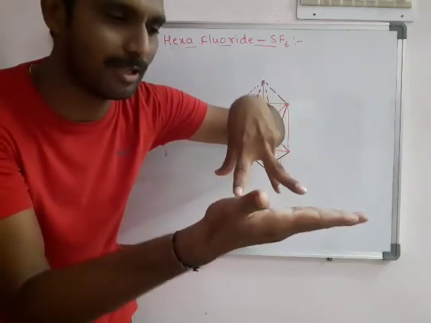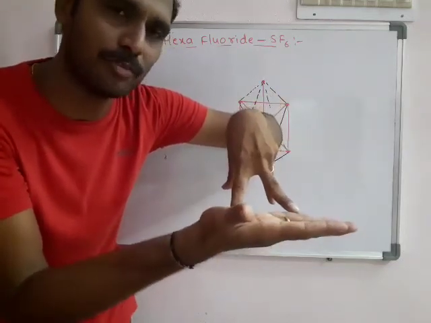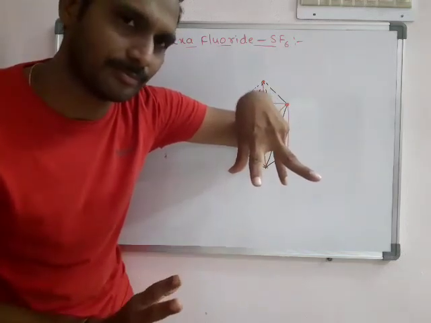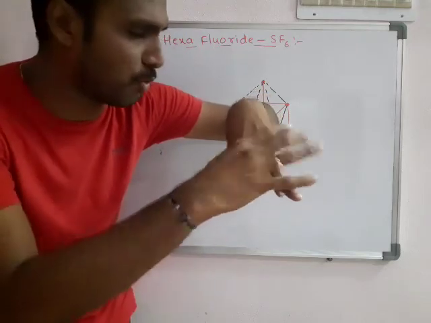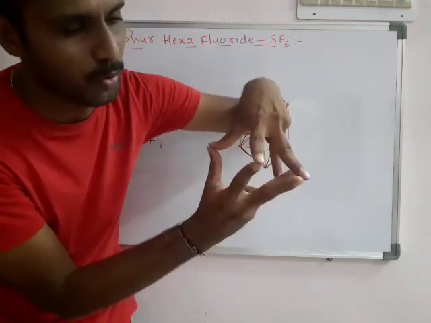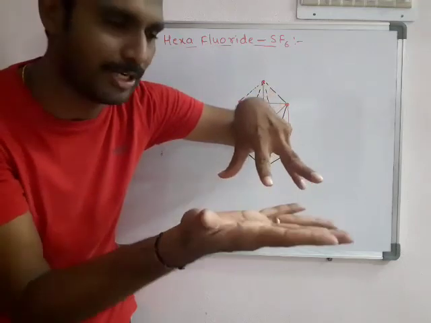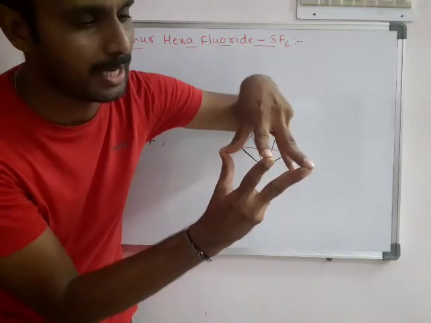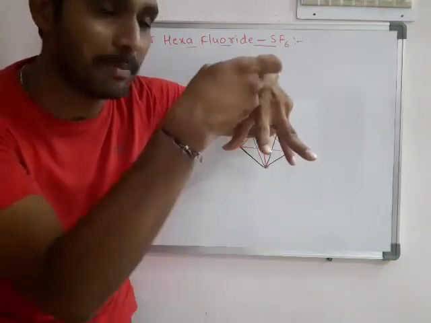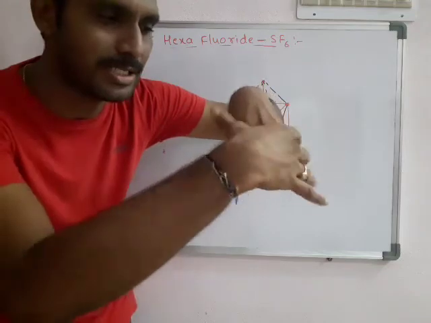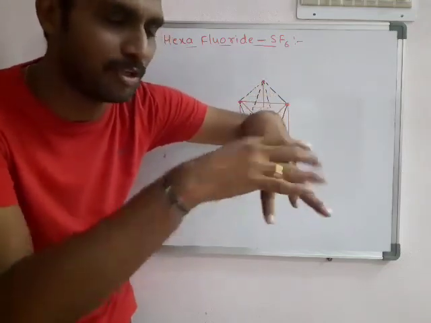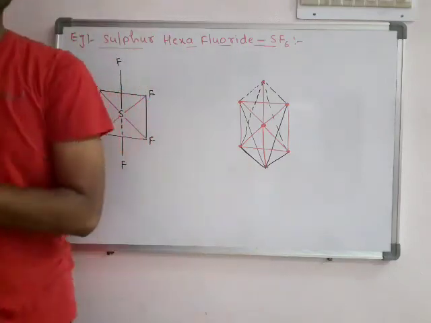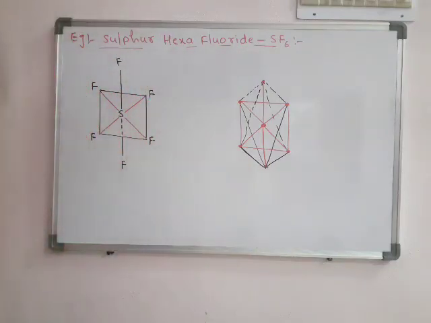So in the middle 4 bonds are on the plane, with a pyramid on top and a pyramid at the bottom. So we are getting 8 surfaces, 4 on the upper side and 4 on the down side, total 8 surfaces. That's why it is treated as octahedral. Okay.